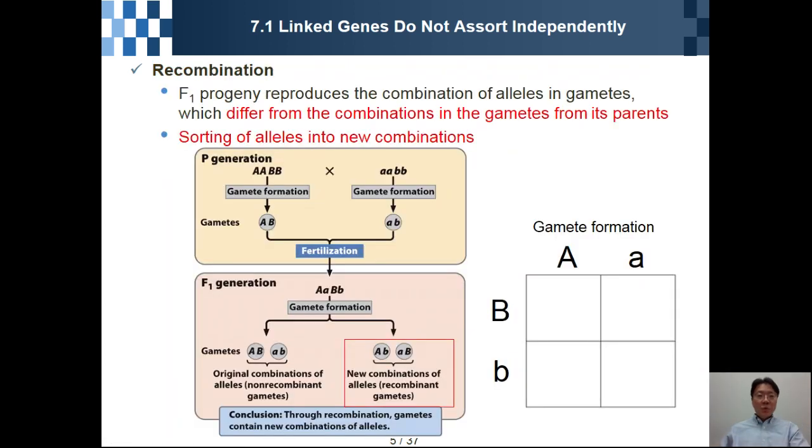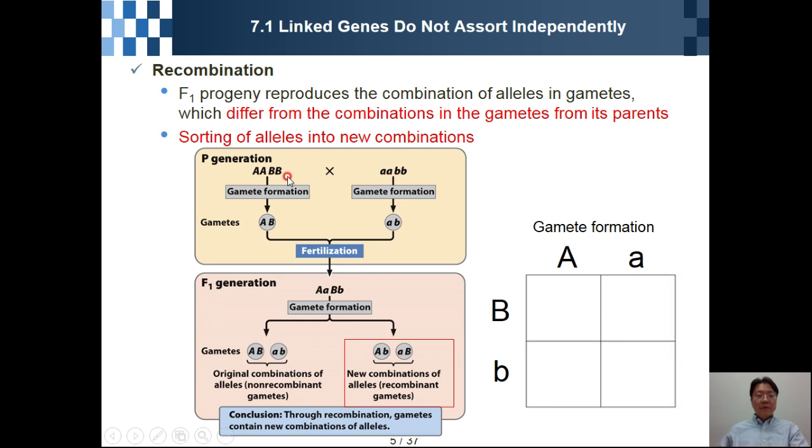In this slide, we will learn a new concept, recombination. Let's start from the dihybrid cross. In the parent generation, one parent's genotype is large AA, large BB, and the other parent's genotype is small aa, small bb.